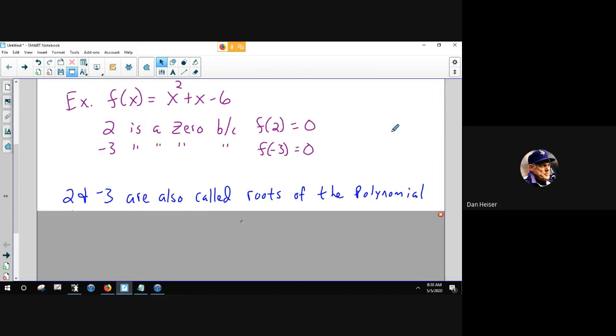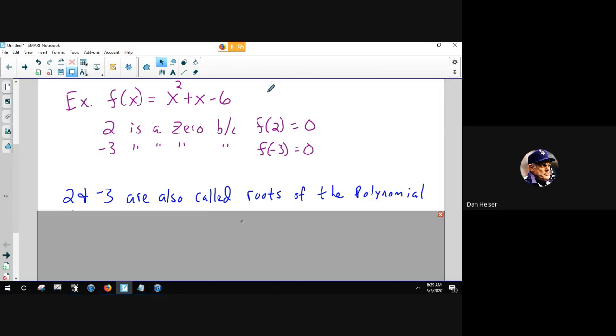Sometimes we get roots that repeat. For example, if we have something like x squared plus 4x plus 4, we would get x plus 2, x plus 2 when we factor that. It's the same value twice. So then in that case, there's only one root. There's a maximum of 2, but there's only one.